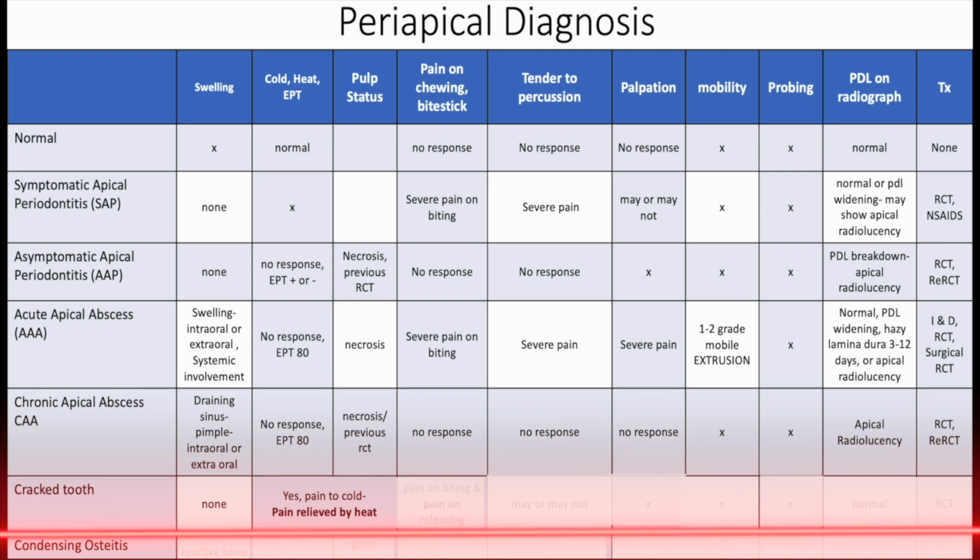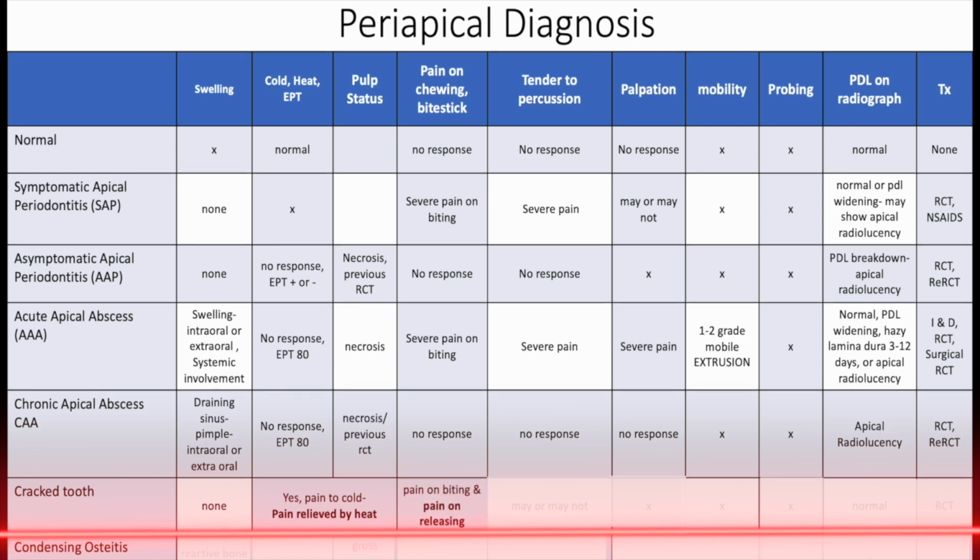And next is on biting. So the patient has pain on biting and pain on releasing. How would you differentiate that? If you have a patient with a periapical periodontitis or periapical abscess, you give them something to bite on, the tooth loop, and they bite on it, they want to just let it go and not do it anymore.